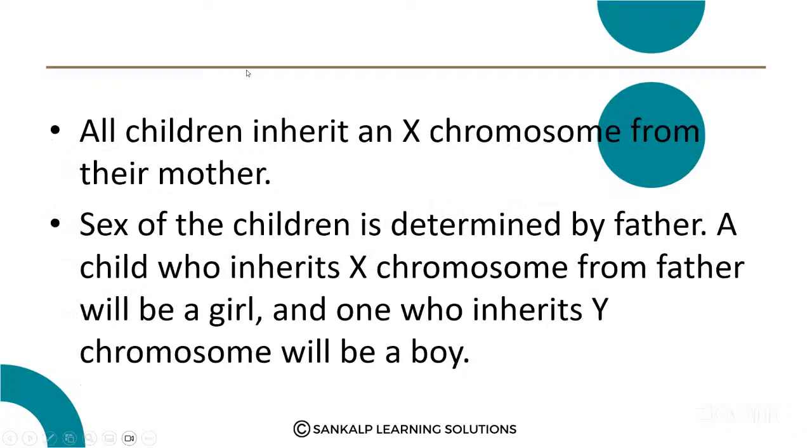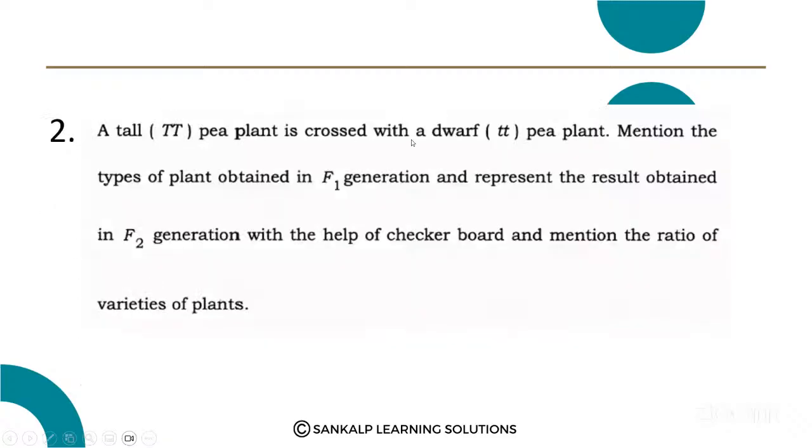Next question. A tall pea plant is crossed with the dwarf pea plant. Mention the types of plants obtained in the F1 generation and represent the result obtained in F2 generation with the help of a checkerboard, and mention the ratio of varieties of plants. Please note down this question.